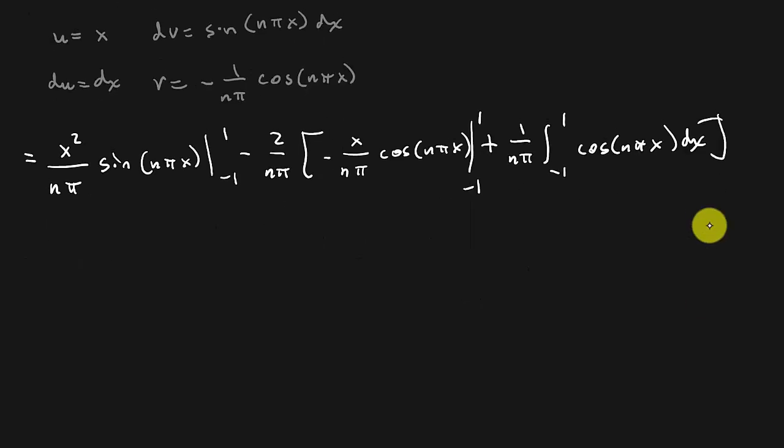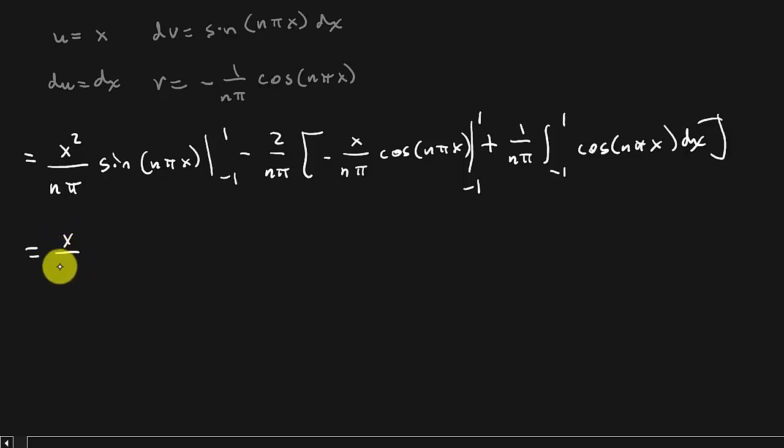All right. So now I've got x over n pi sine n pi x from -1 to 1. Now what I'm going to do here is I'm going to distribute this.